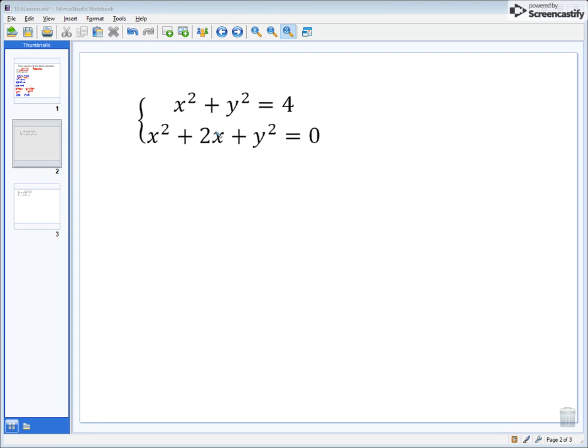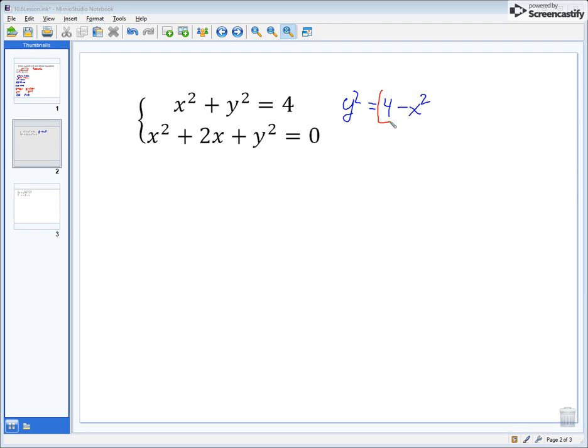So what I want to do is solve for y squared so that I can plug that into the bottom equation. On the top equation, I would subtract the x squared, and I have y squared is equal to 4 minus x squared.